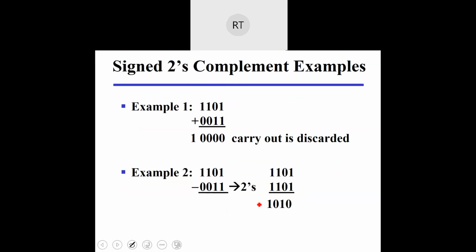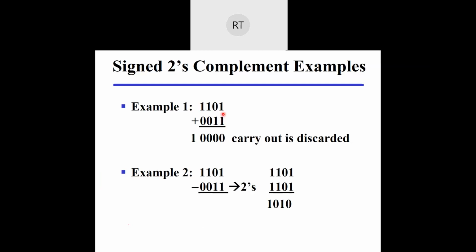I want you to look at this example, please, when I am doing addition, okay? Addition in 2's complement. Let's say I am adding these two numbers, okay? One is positive and one is negative. So this is 1101 and this is 0011.